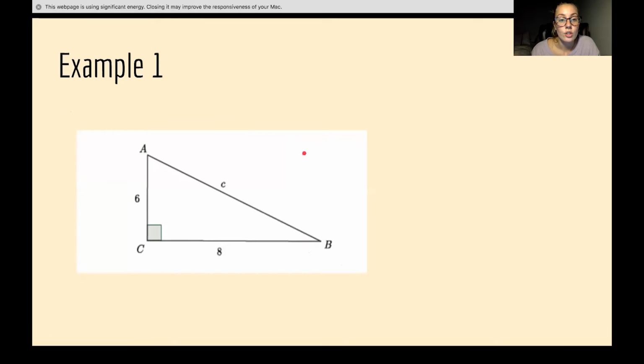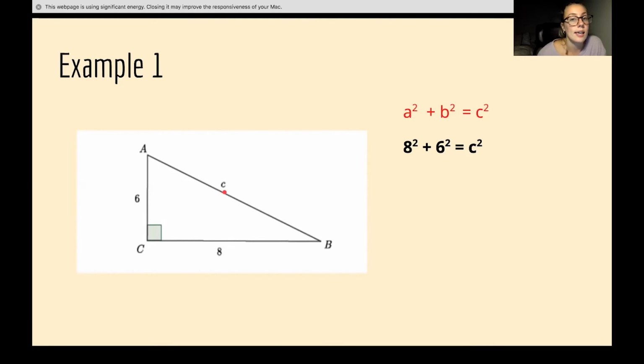Okay, so we have our same problem, our triangle ABC, and our Pythagorean theorem, A squared plus B squared equals C squared. Now we have written in our leg A and our leg B. So 8 squared plus 6 squared equals C squared.